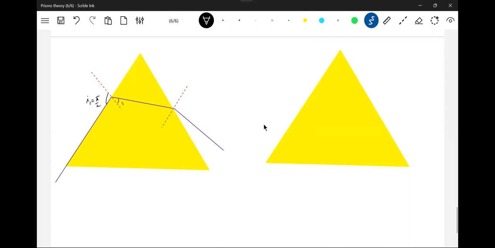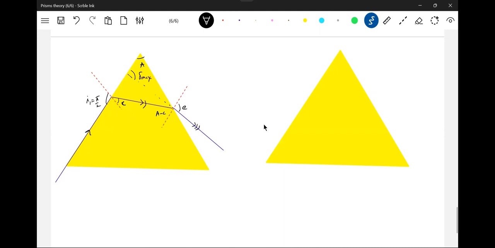This is the critical angle A minus C. This is the emergent angle, and the deviation is maximum. Okay, fine. I'll show this arrow like this.